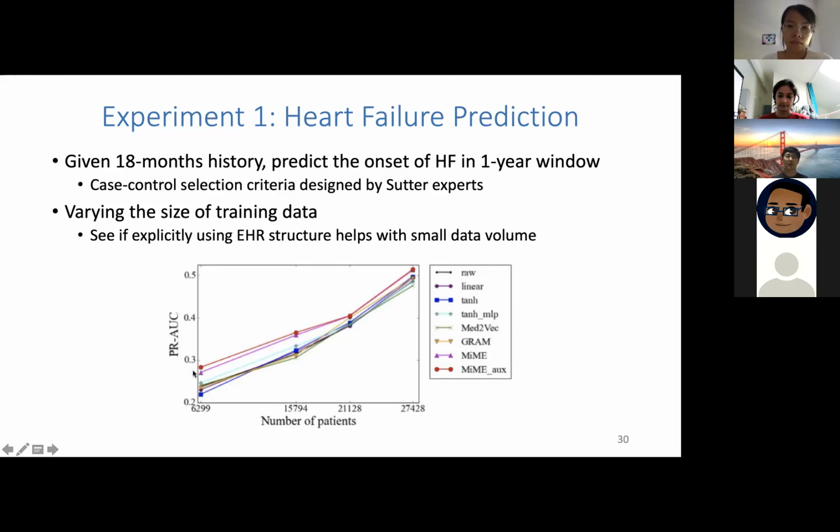The top two here are different: one is MIME and another is MIME auxiliary, which is MIME using an auxiliary multitask loss function. Especially when you use a smaller number of training samples, it outperforms all the others by some margin compared to when you're using the entire training set. So this is experiment number 1.